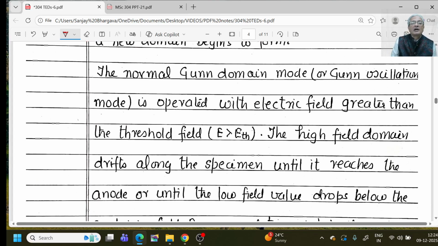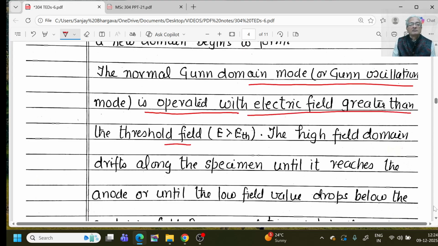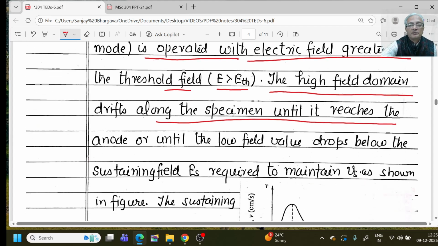The normal Gunn domain mode or Gunn oscillation mode is operated with electric field greater than the threshold. So here, if you want to have normal Gunn domain mode, the electric field applied should be greater than the threshold field. The high field domain drifts along the specimen until it reaches the anode.